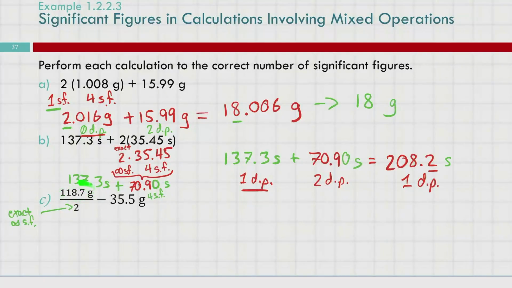We've got 118.7 grams divided by 2. When we're doing division, we care about number of significant figures. So we've got 4 significant figures and unlimited significant figures, so we're going to have 4 significant figures for our intermediate.